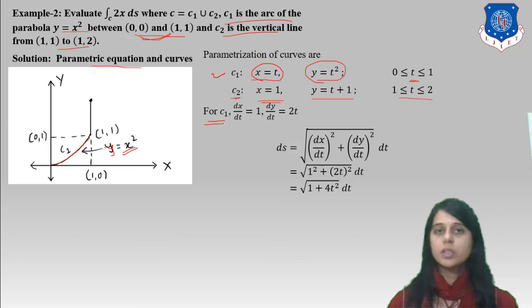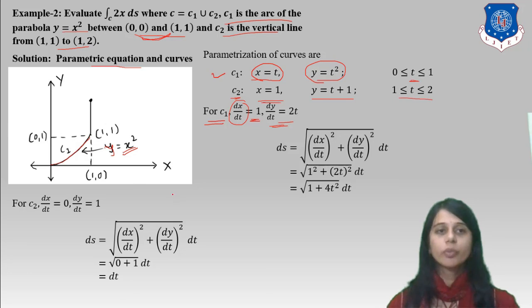For C1, dx/dt = 1 and dy/dt = 2t. Put these values in the formula: the square root of 1² + (2t)² dt, which is the square root of 1 + 4t² dt. Similarly for C2, dx/dt is 0 and dy/dt is 1, so the square root of 0 + 1² is dt.